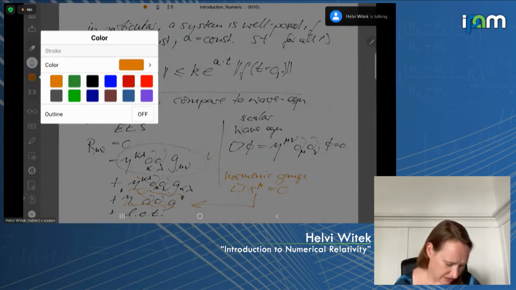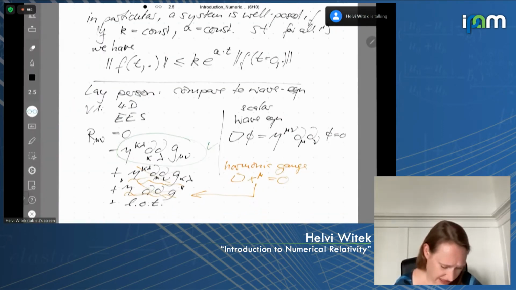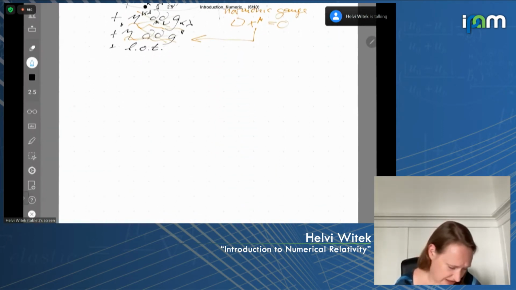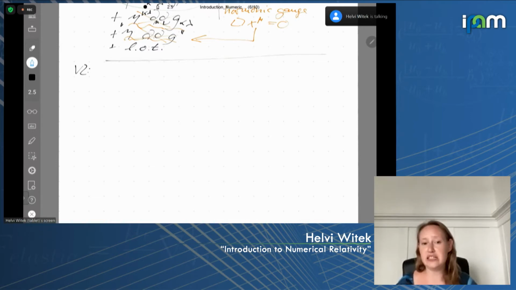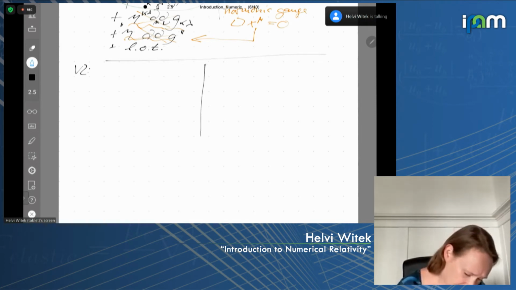So let me go down, first change to black again, and then let's look at a second version for the wave equation. And now I will write this down in 3+1 form, so in the form that we derived before. Okay, so let's focus first on the scalar wave equation. How does this look?